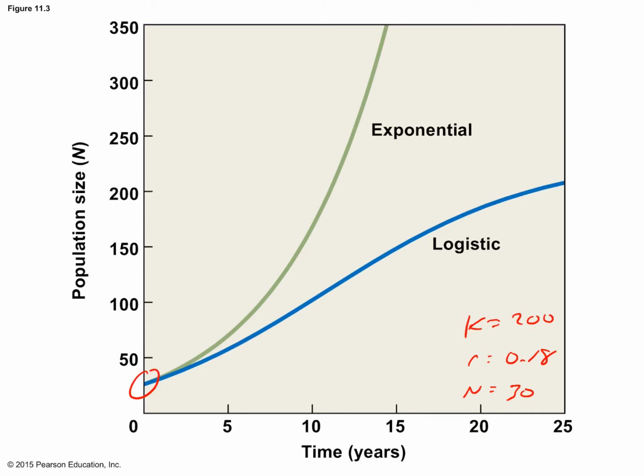Remember, that peak on that parabolic curve I showed you, or the inflection point on the logistic curve, is K divided by 2. So if K is 200, the inflection point would be at 100, right? So that's the answer then. That's the population size at which that population of squirrels would be experiencing its highest rate of growth. From that point on, the rate of growth slows.